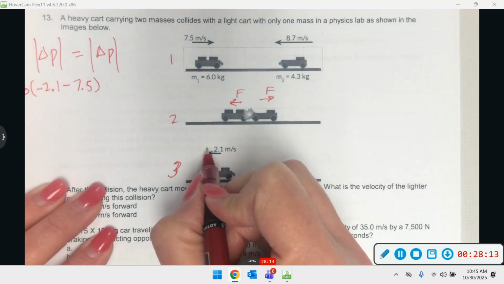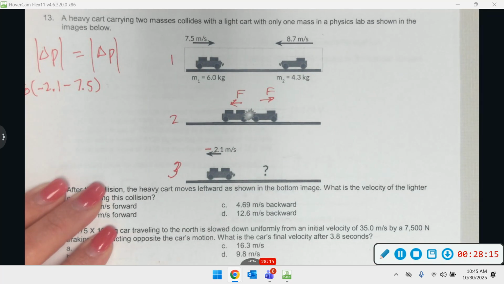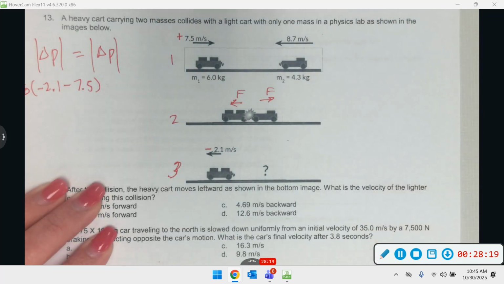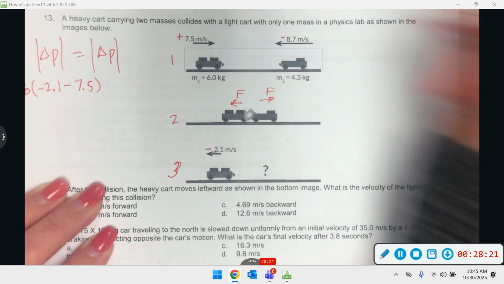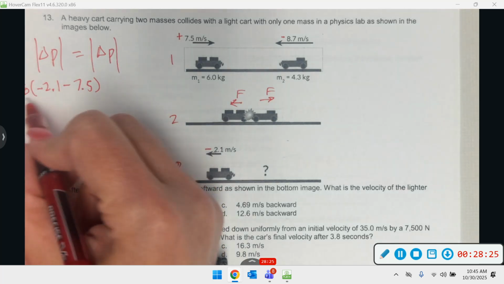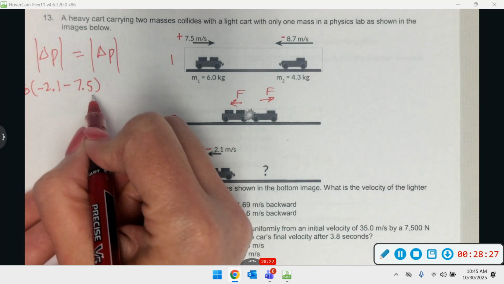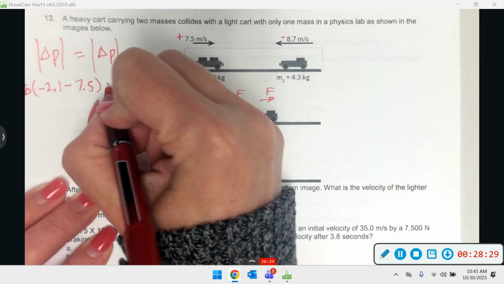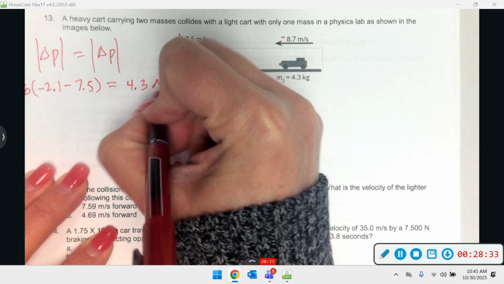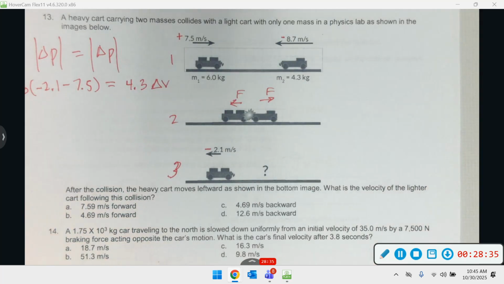When this one starts to go backwards, we're going to call that negative. We're going to call this positive. Likewise, we're going to call this negative. So just keep that in mind. This is how you get the change in momentum of the first cart. And we're going to set it equal to the mass of the second cart, 4.3, times its change in velocity. I'll worry about that in a second.